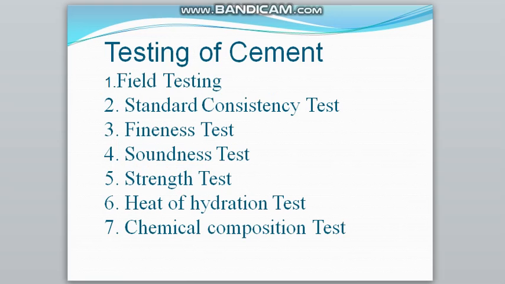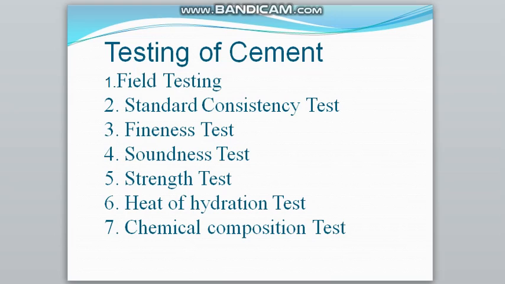Next, we'll discuss the testing of cement. The most important tests that are conducted on cement in the laboratory are as follows: fineness test, consistency test, setting time test, strength test, heat of hydration test, tensile strength test, and chemical composition test.